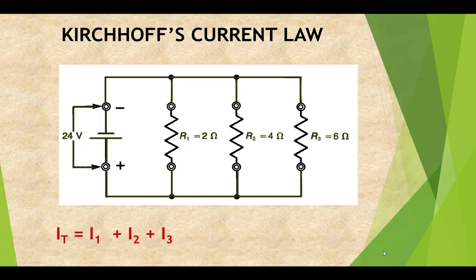All right, the current law. This is saying that the total current leaving the source is equal to all the currents in all the branches combined. So this current is going to also divide inversely proportional. By inversely proportional, I mean that the greater amount of current is going to the smallest resistance.